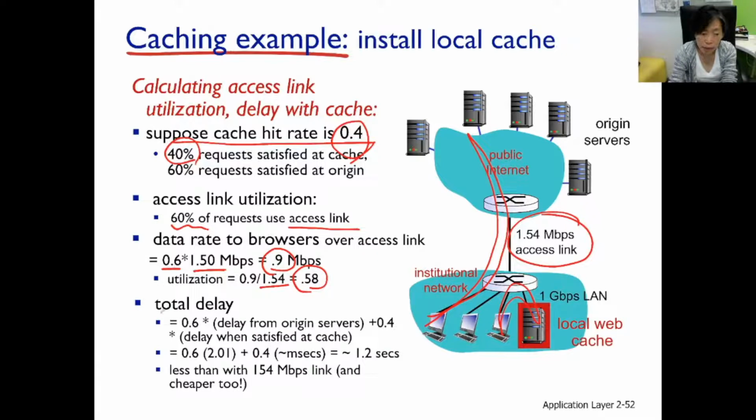Now let's calculate the total delay. So 60% of the time it's going to be a long delay all the way to the server and back. 40% of the time just on the local LAN. Now, the local LAN delay, we've seen earlier, is microseconds, but I'm using milliseconds here just to take into account the traffic here.